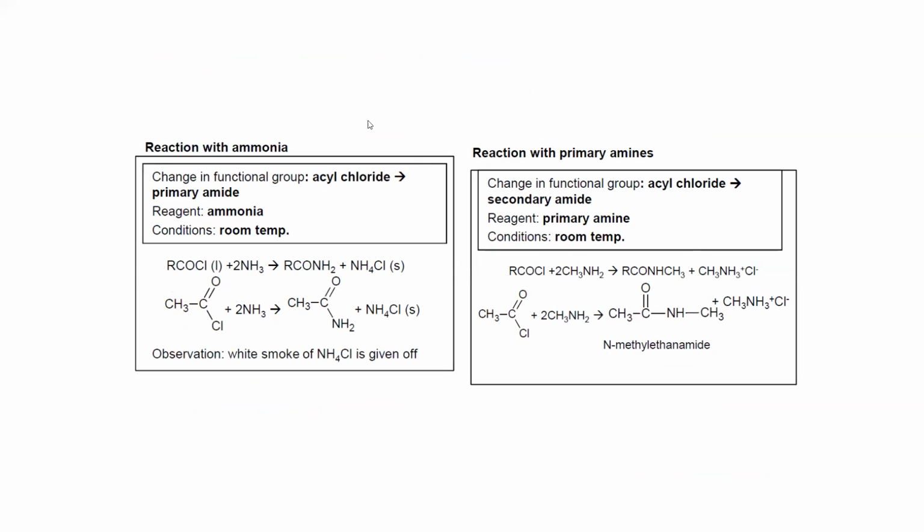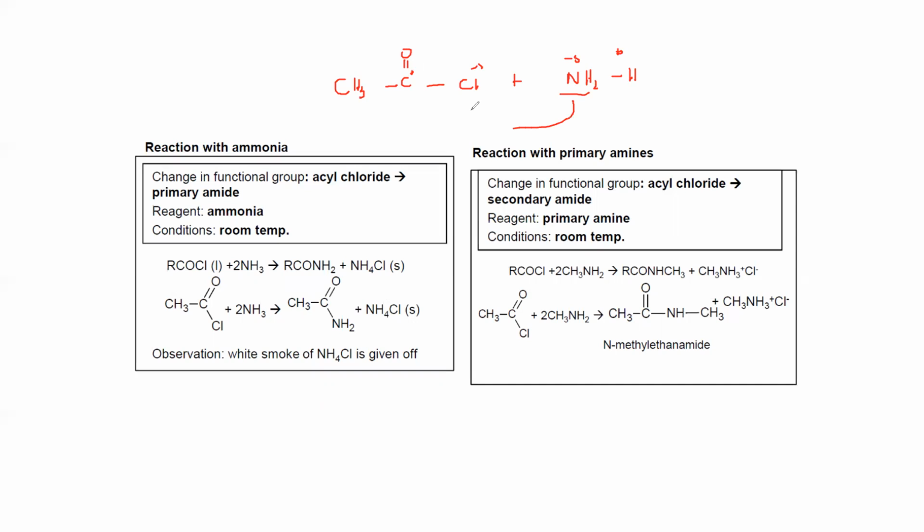Then reaction with ammonia. So how does the reaction with ammonia occur? We have CH3, C double bonded with O and Cl, reacted with ammonia. Ammonia is NH3, in which there is NH2 and H. So this one is partial negative, partial positive, partial negative, positive.